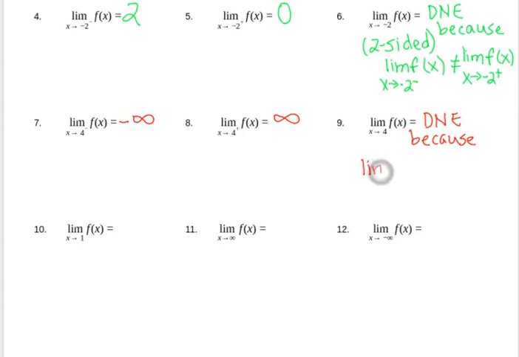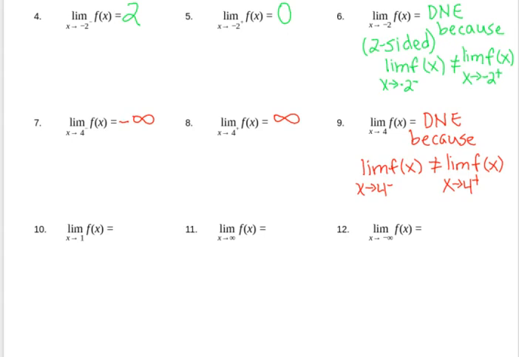The limit of f of x as x approaches 4 from the left does not equal the limit of f of x as x approaches 4 from the right. So the overall limit does not exist.